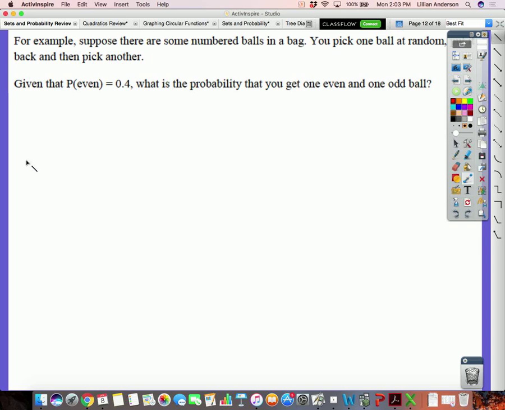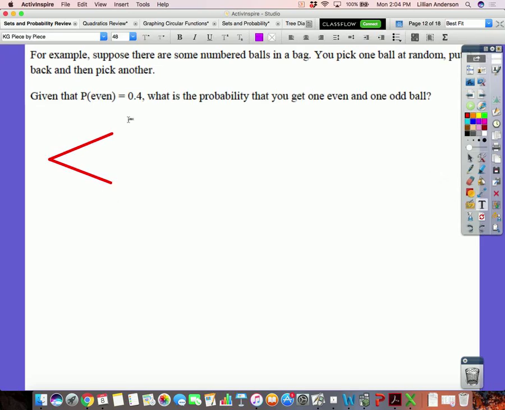The replacement one is pretty straightforward. Or it should be pretty straightforward. Okay? What are your two outcomes? Odd and even. What are their probabilities? Even is 0.4. And odd will be 0.6.